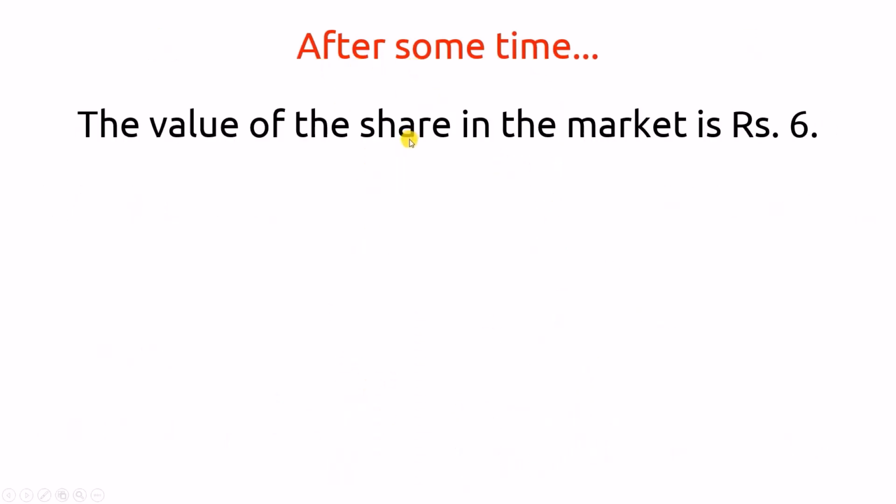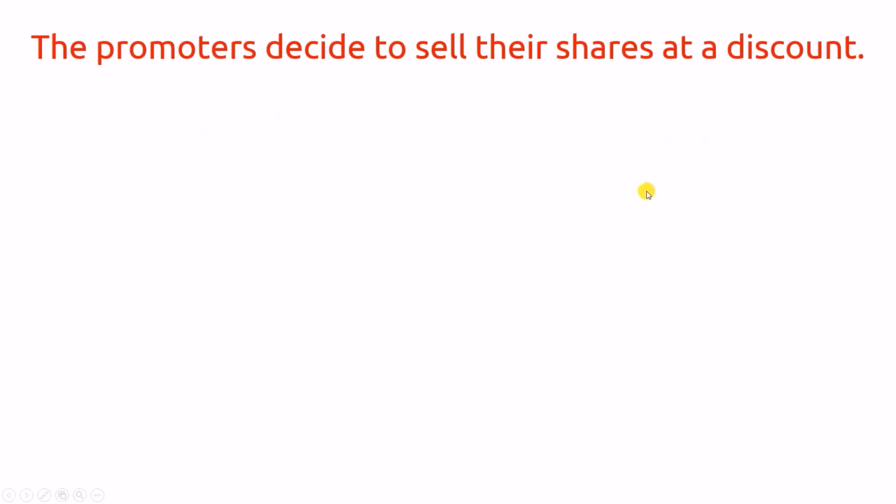Now, after some time, due to the profit, the value of a share in the market is 6 rupees each. Now, this is not important to us. What is important is that the promoters decide to sell their shares at a discount. So after some time, the promoters who were holding 2,000 and 1,000 shares, person A and person B, decide to sell their shares at a discount to the public.